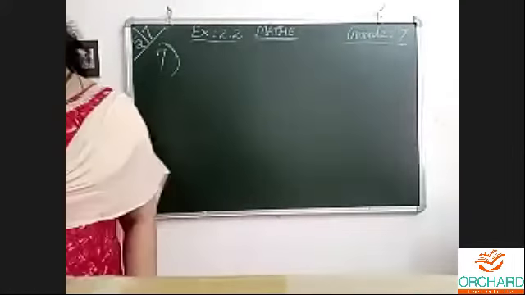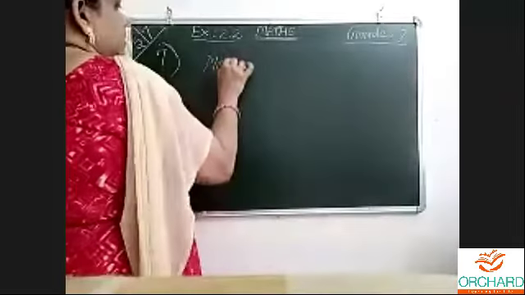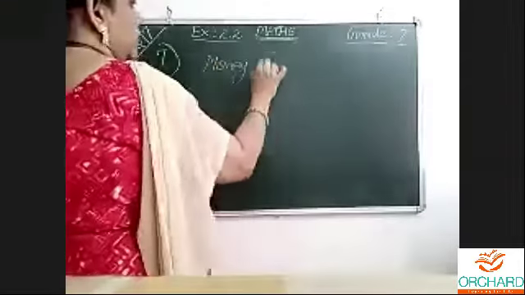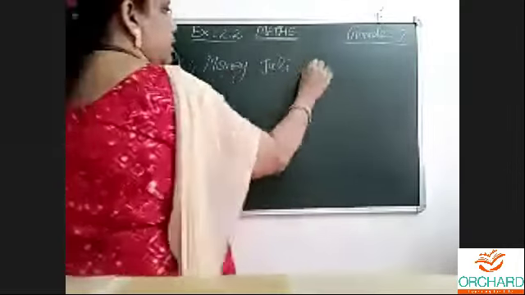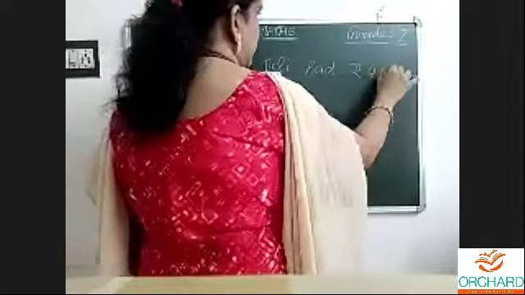Julie had rupees 460. Money Julie had, or total money Julie had, is equal to rupees 460.